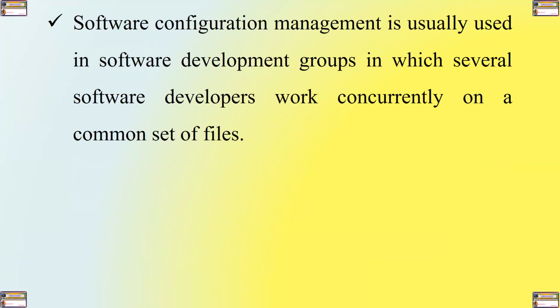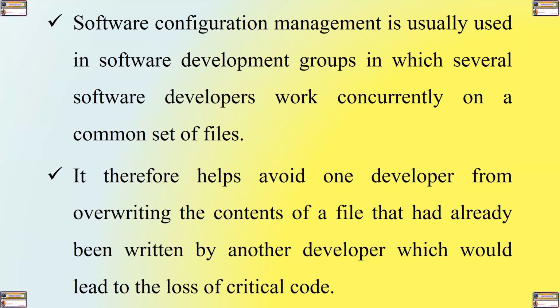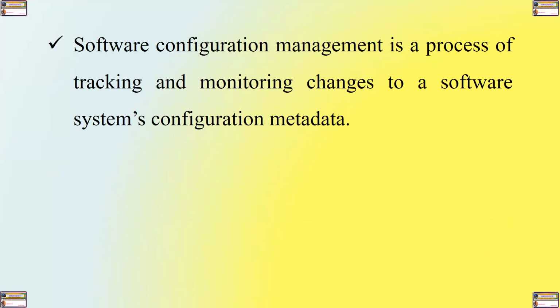Software configuration management is usually used in software development groups in which several software developers work concurrently on a common set of files. It therefore helps avoid one developer from overwriting the contents of a file that had already been written by another developer, which would lead to the loss of critical code. Software configuration management is a process of tracking and monitoring changes to a software system's configuration metadata.